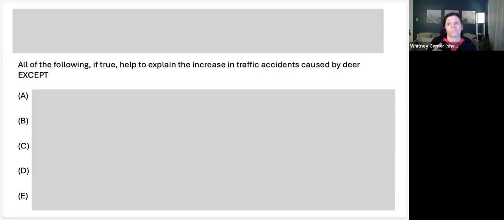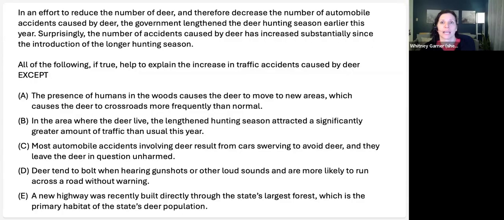One of them just won't, right? It'll either do the opposite, it'll explain something else, who knows? But I'm looking for the four answer choices that do. So this will give us a little bit more practice in finding things that explain. Definitely some longer answer choices. So take your time on this one and pull in when you think you've got it.